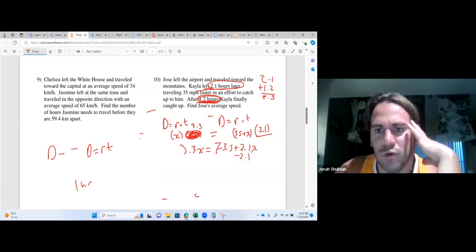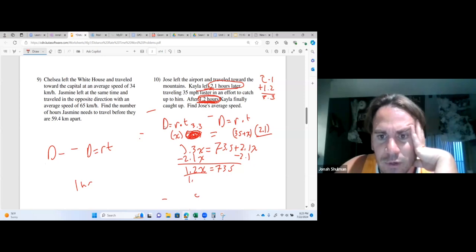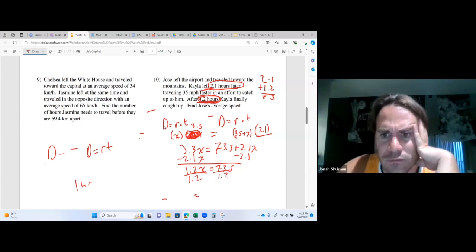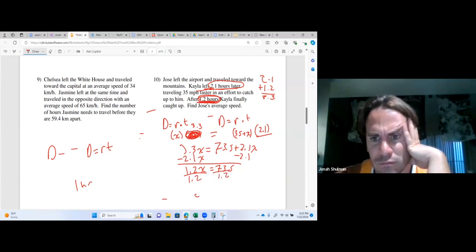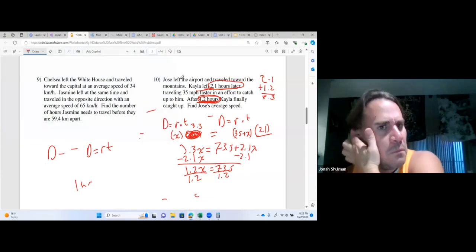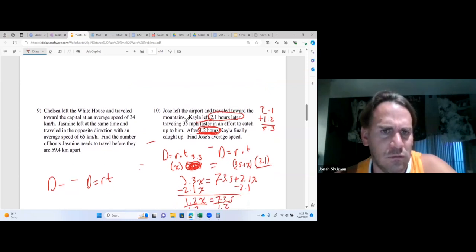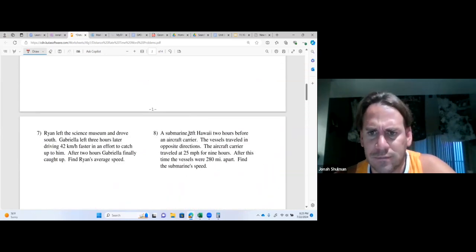We minus the 2.1 on both sides. And we are left with 1.2x equals 73.5 divided by 1.2. That's still off. All right, well, let's just look it up, because I should probably do an easy one to get there.